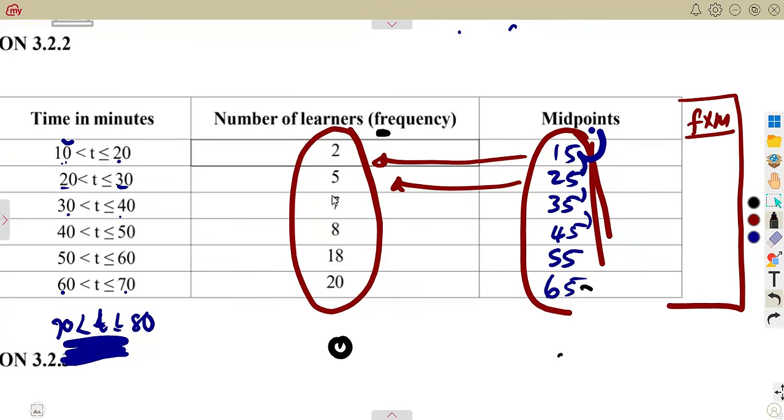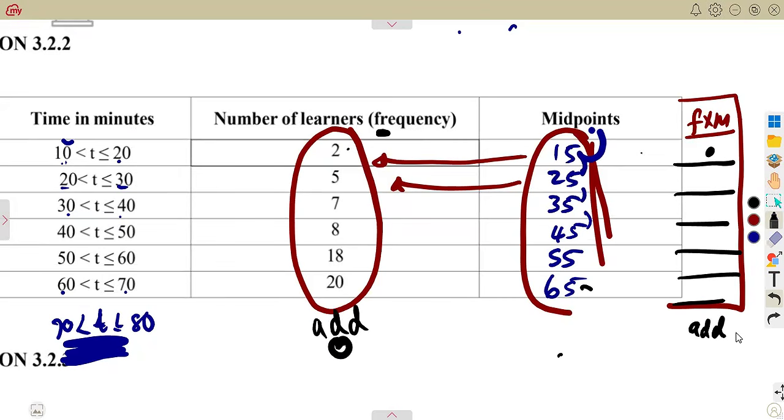You multiply here, frequency times midpoint, you get your answer for each row, then you add. 2 times 15, 5 times 25, you multiply them like that. You add, and you also add these ones. The sum of this divided by the sum of the frequency will give us the mean.